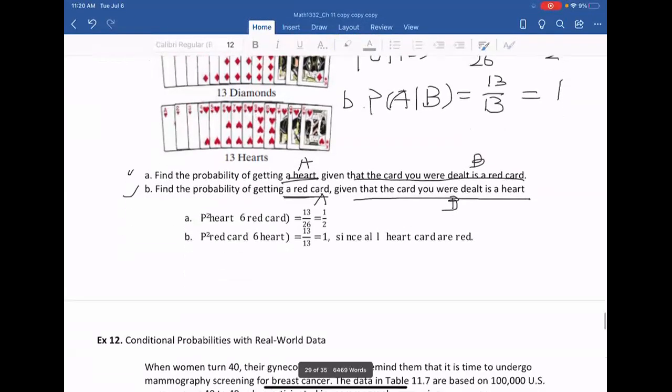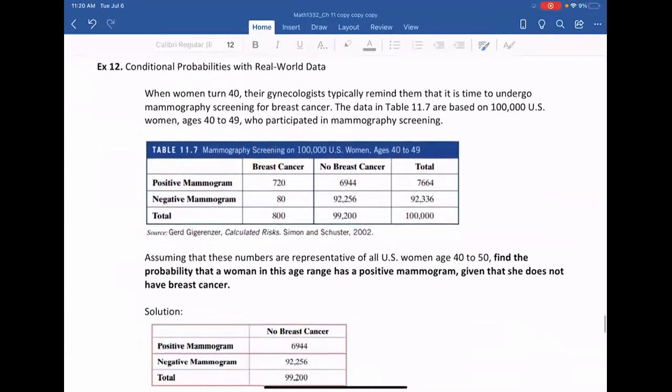Okay, let's move on to the next example. Conditional probabilities with real-world data. This table is based on 100,000 US women ages 40 to 49 who participate in mammography screening to test whether they have breast cancer or no breast cancer.